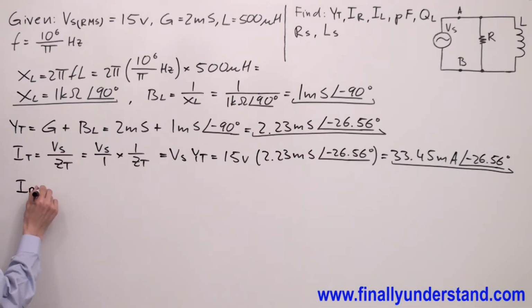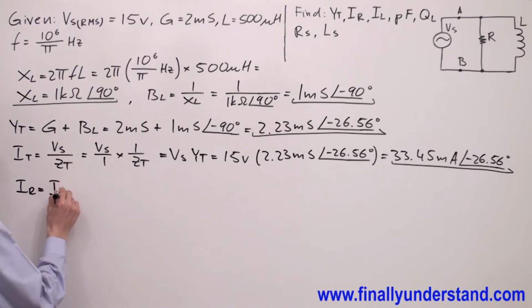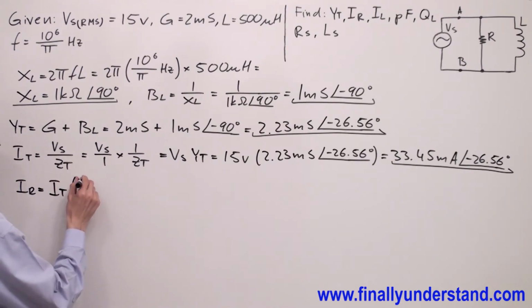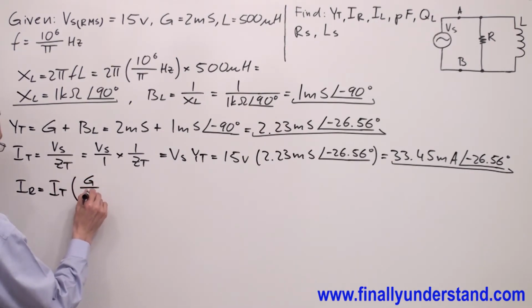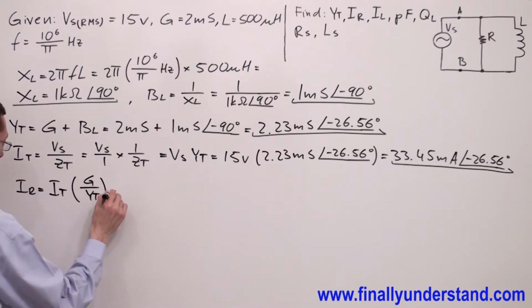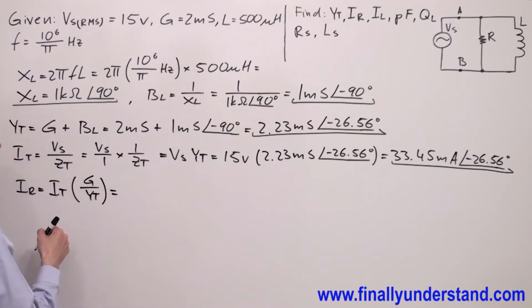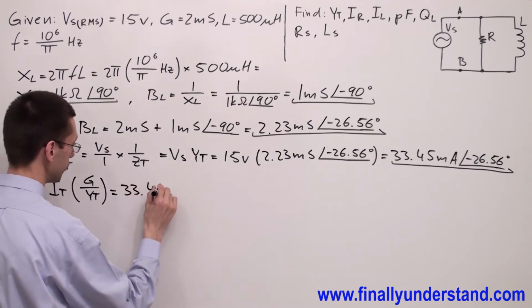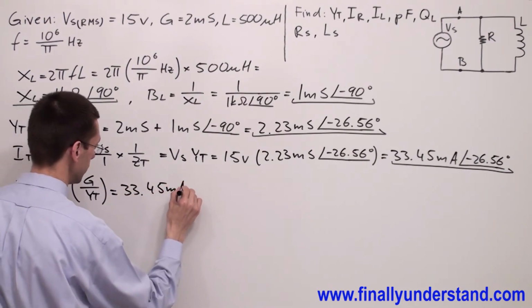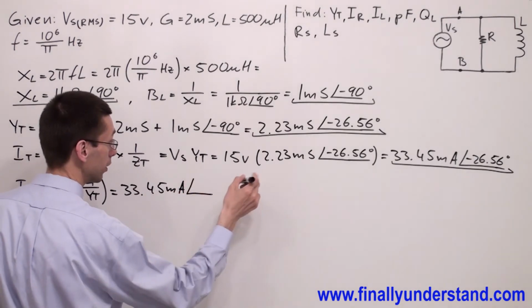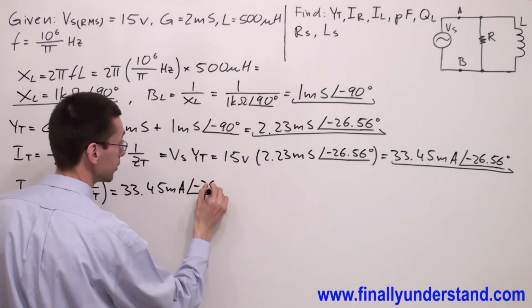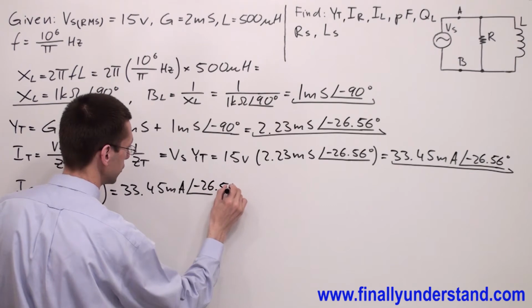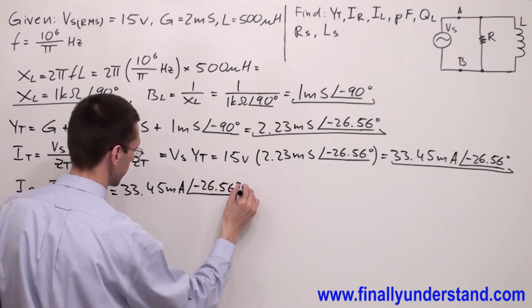I_R is equal to I total times G over Y total, where I total is equal to 33.45 milliamps and angle of negative 26.56 degrees.